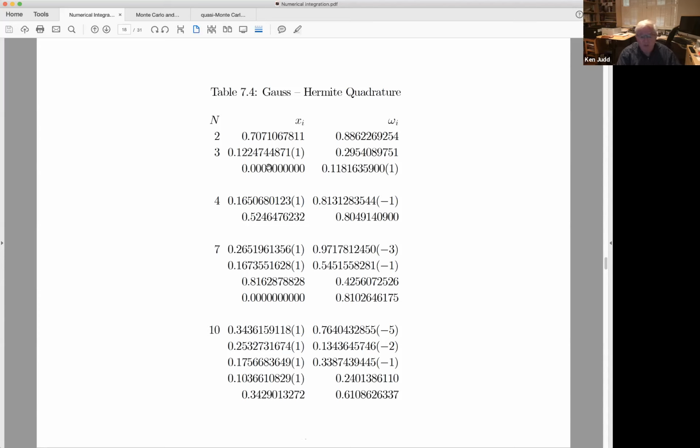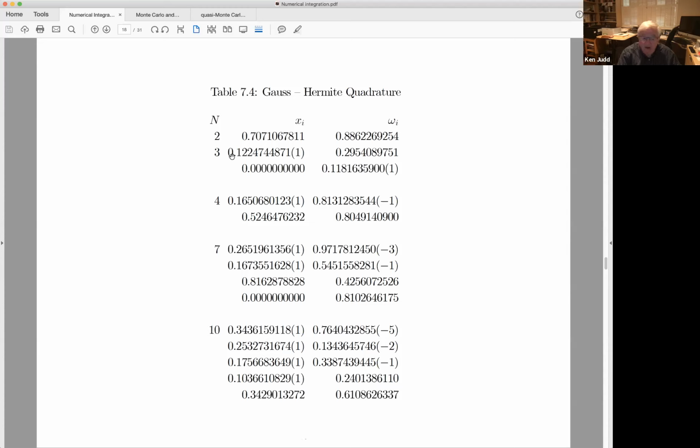And by the way, this is, I think, one of the first times you've seen this, is that when I write something like this, so this is a decimal expression, parenthesis 1. What does that mean? That means that you take this number multiplied by 10 to the 1.